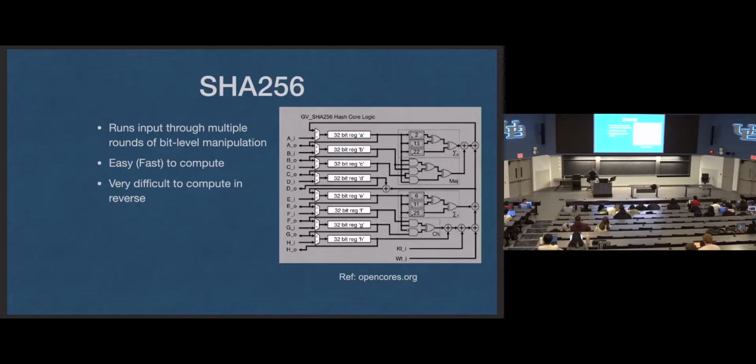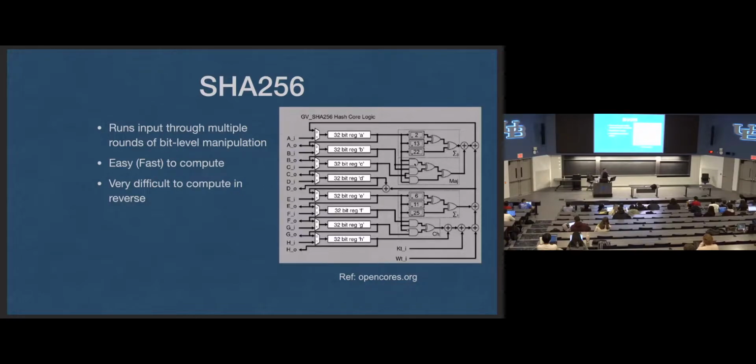SHA-256 uses a whole bunch of bit-level stuff and shuffles around the bytes of your input, goes multiple rounds through this circuitry, through it again, through it again, some number of rounds, I don't remember how many, and then whatever comes out of that last round, that's the hash. The way this is set up makes it very difficult to go backwards through this thing, and nobody's found a practical way to go backwards. At least if they have, they're not telling anyone about it, and they're just out there breaking stuff.